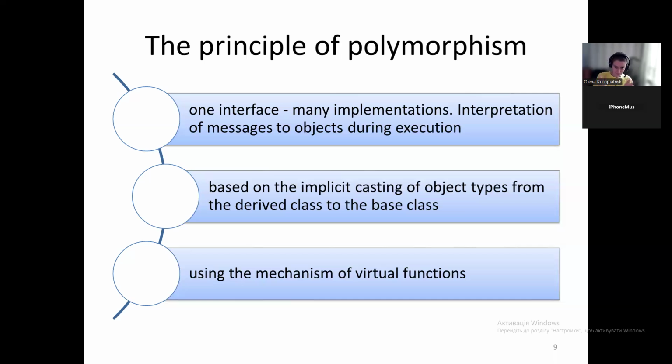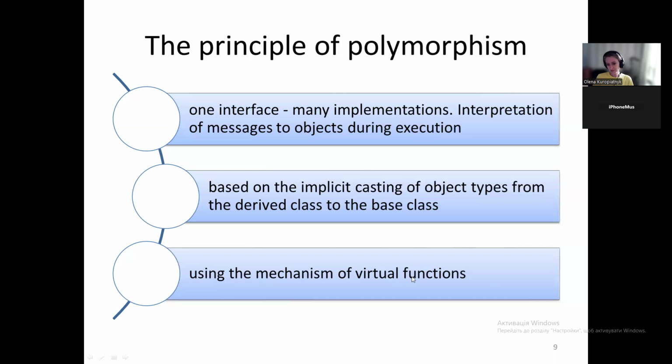If we use polymorphism, we can say that this principle is based on the implicit casting of object types from the derived class to the base class. And for realization of this principle, we must use the mechanism of virtual functions, because without this mechanism, polymorphism does not work in any programming language.